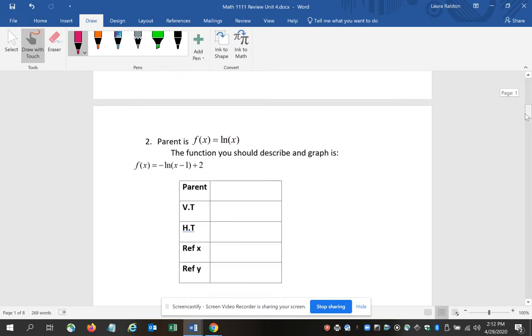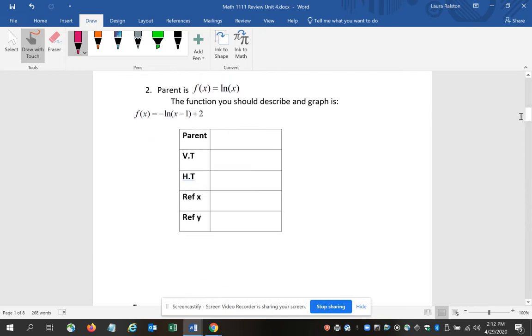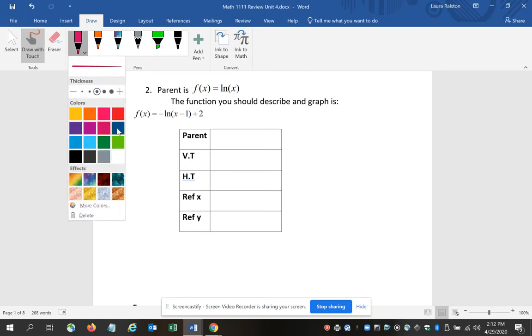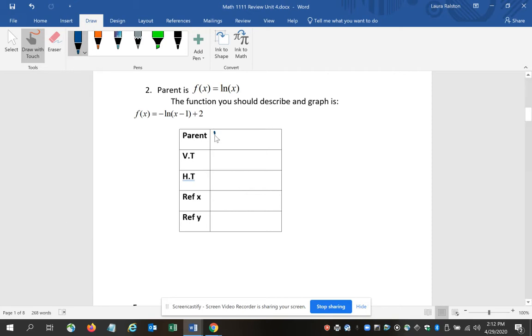All right, the next one is a logarithmic function, and we're asked to do the same thing. Here again, it identifies my parent for me as the natural log of x. And again, I hope you recognize that as a logarithmic function.